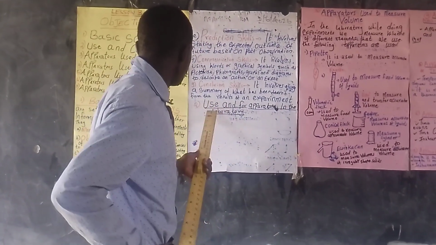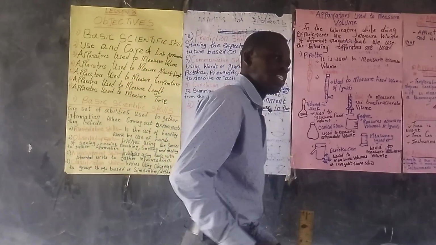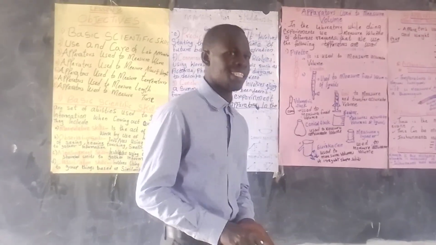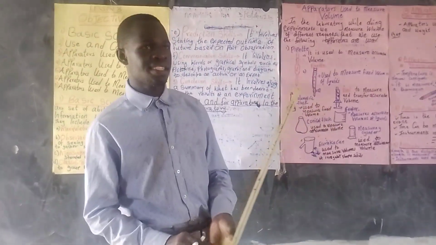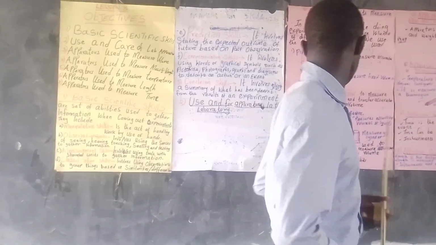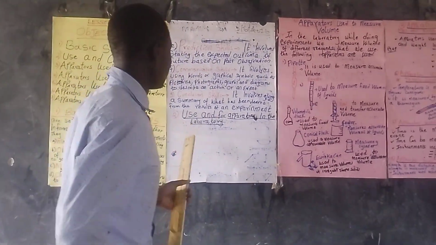So the importance of carrying apparatus in the laboratory is that we can avoid losses that can arise. Also, it can protect us from getting injured, because when a glass apparatus breaks and it can cut you, resulting to what we call an injury.